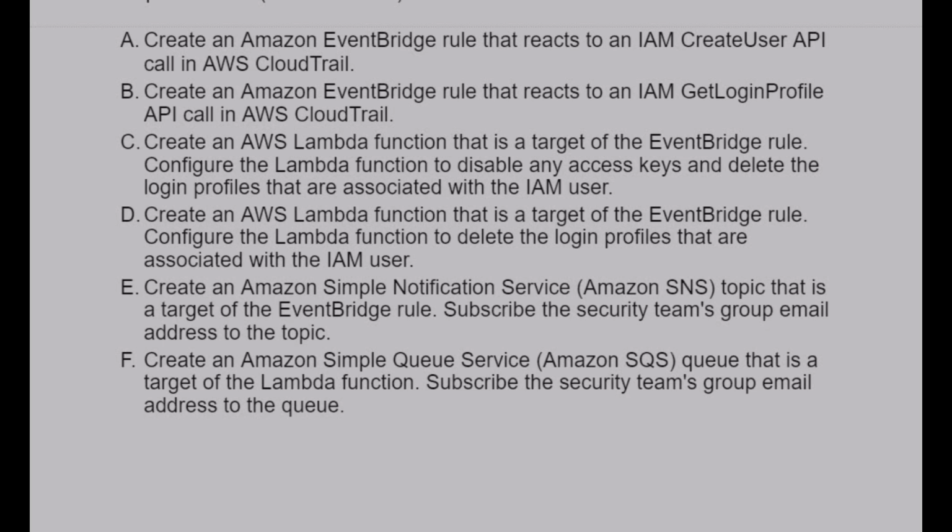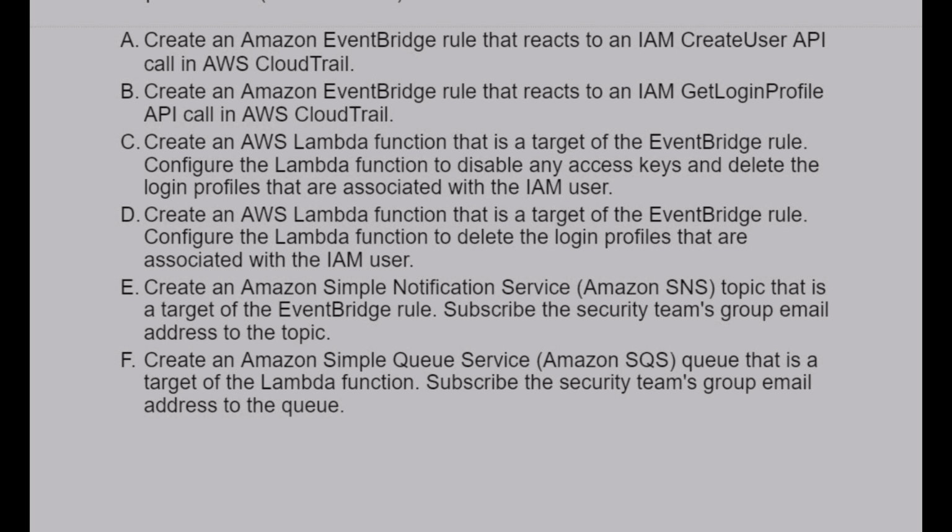Configure the Lambda function to disable any access keys and delete the login profiles that are associated with the IAM user. Option D. Create an AWS Lambda function that is a target of the EventBridge rule. Configure the Lambda function to delete the login profiles that are associated with the IAM user.